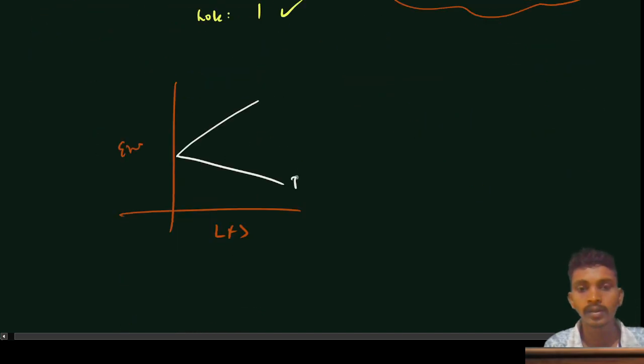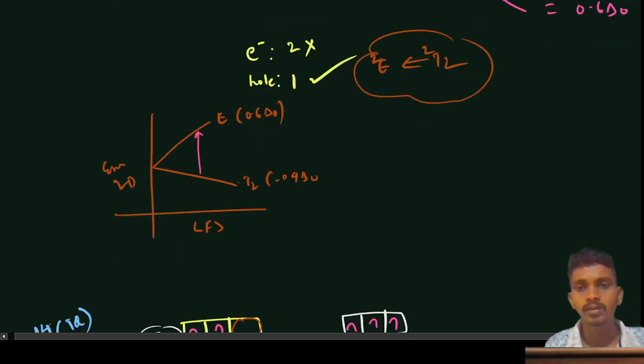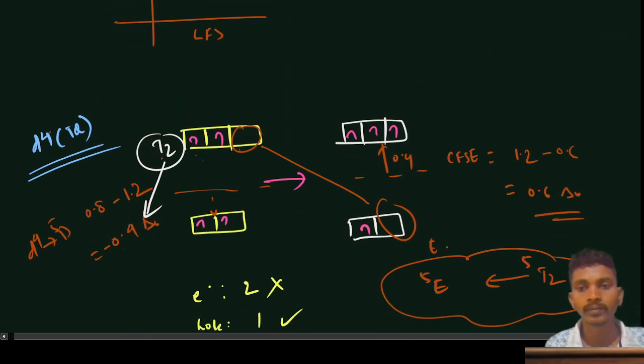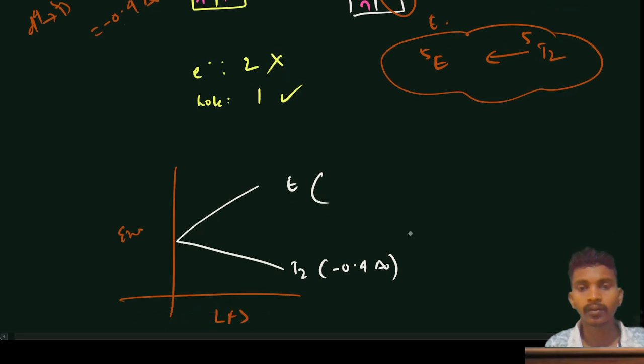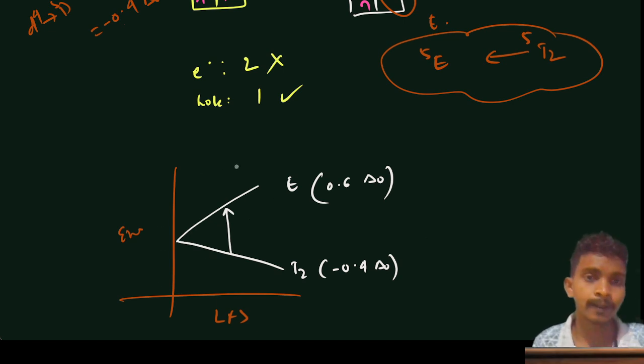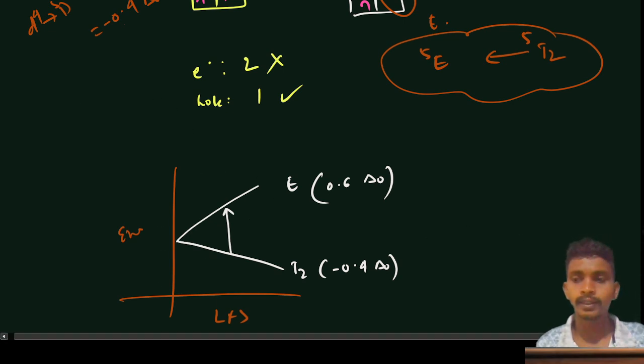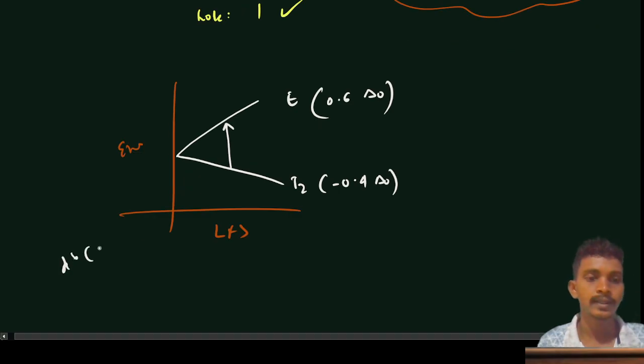So T2 is minus 0.4 delta knots, and this is E, and its value is 0.6 delta knots. So the transition is from here to here. So these are the Orgel diagrams. So we can draw similarly for D4 as I did. Similarly, we can go for D6 tetrahedrals.